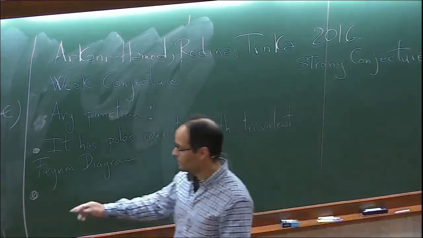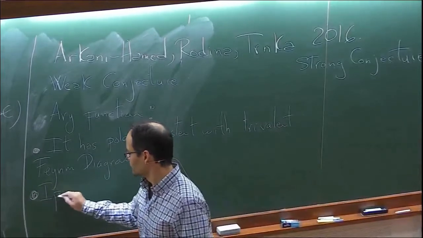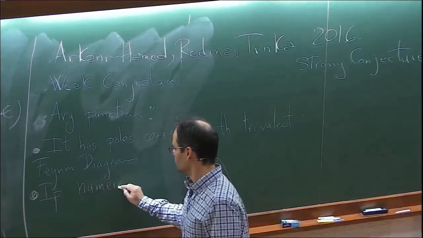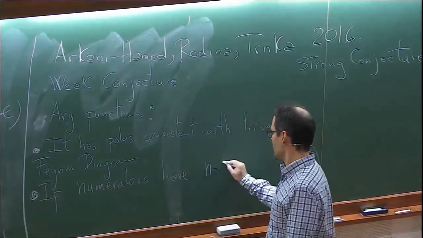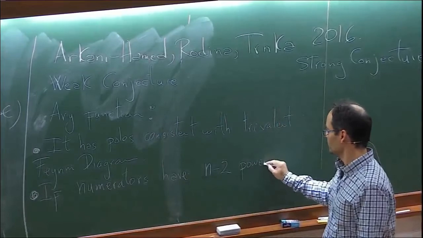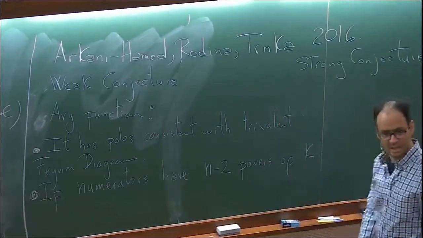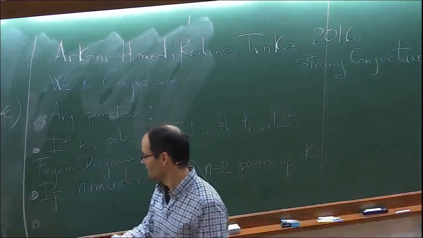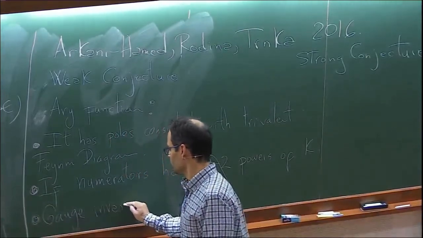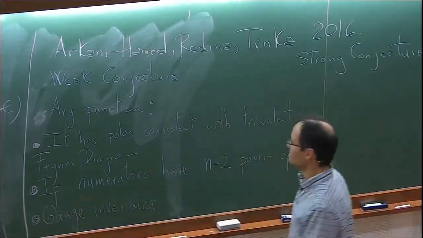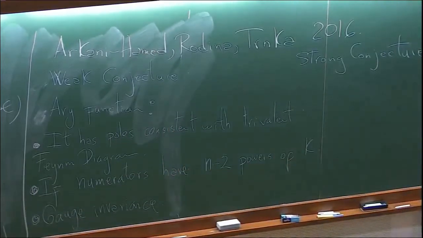Now, the claim is that if those numerators have n minus 2 powers of momenta and you impose gauge invariance, then your function is unique. And since we know that our amplitudes satisfy all three, then whatever function does this must be the amplitude.